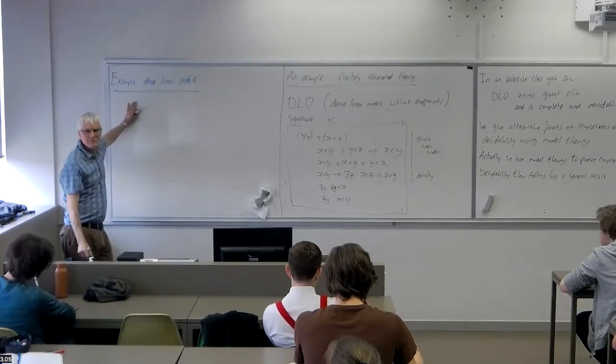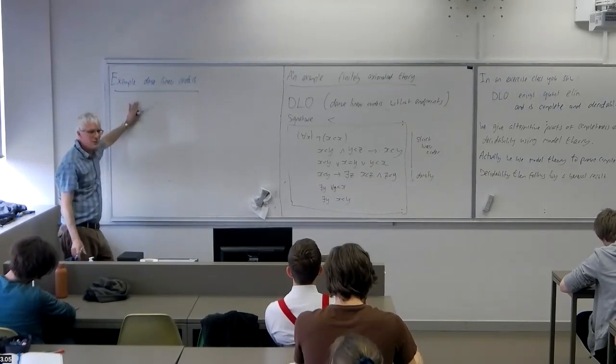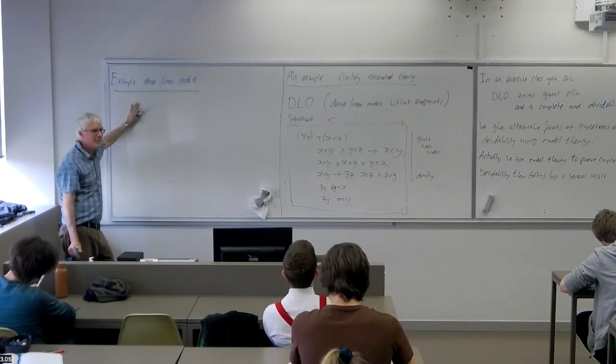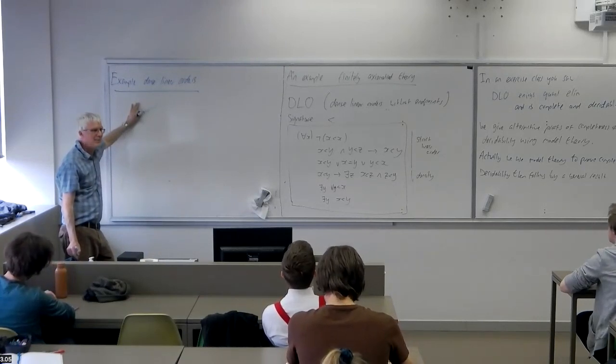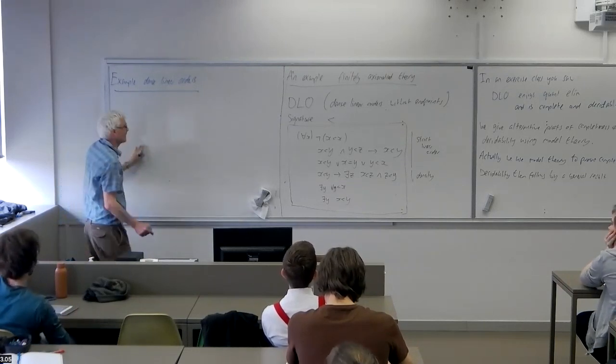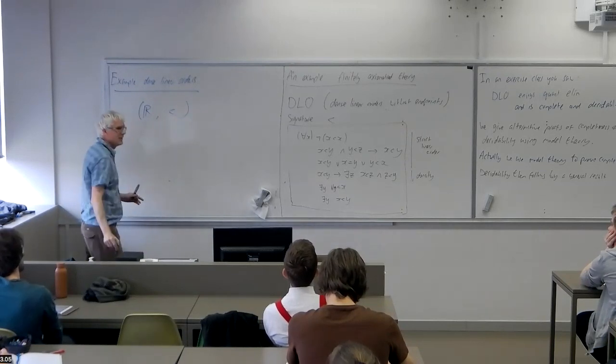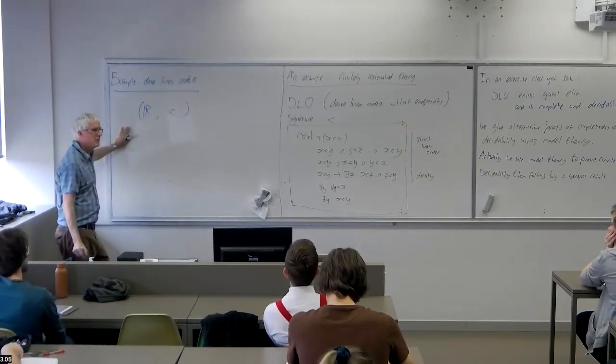Actually, maybe this is a good point for some audience participation. Who can give me an example of a dense linear order? The reals with the usual less than relation. Okay, any others?